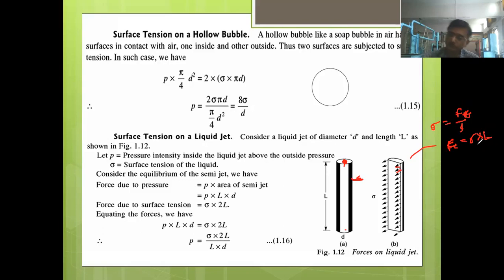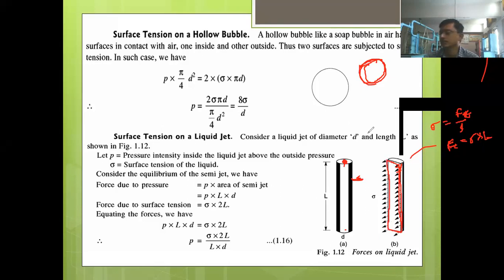So here what is the length? Length of the surface. In case of sphere or hemisphere, we have taken the length of the circle, that is the circumference. So what will be the length here, the perimeter we can say? What is the perimeter? 2L into D, 2D.